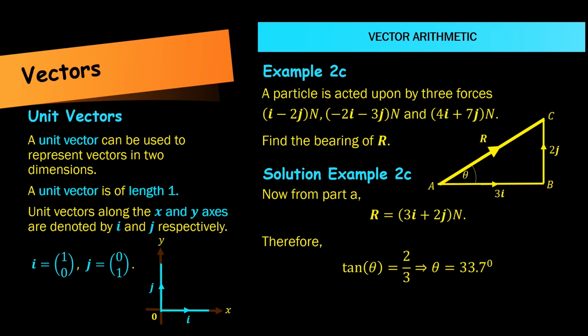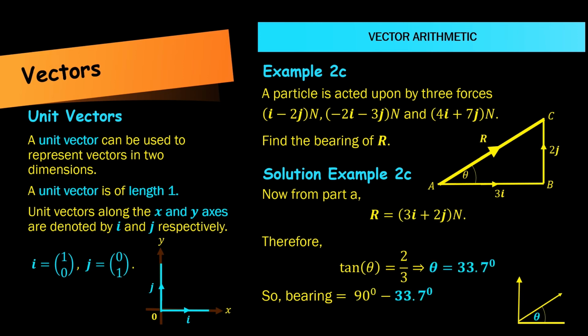This implies that theta equals 33.7 degrees. And so the bearing is 90 degrees minus 33.7 degrees, which is equal to 56.3 degrees.